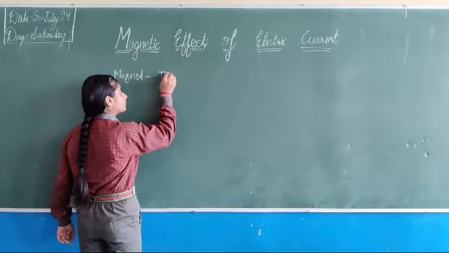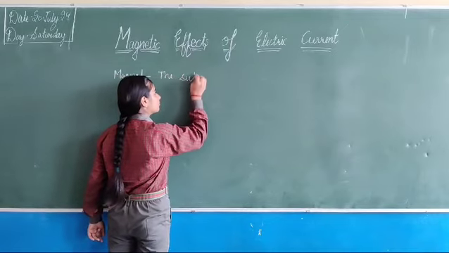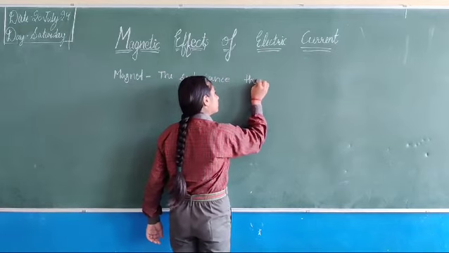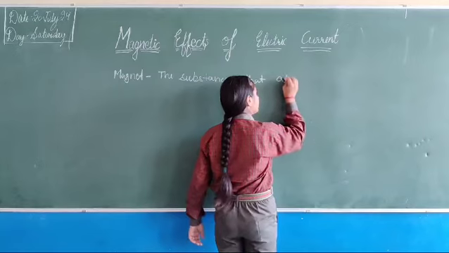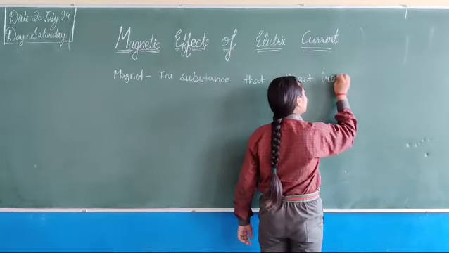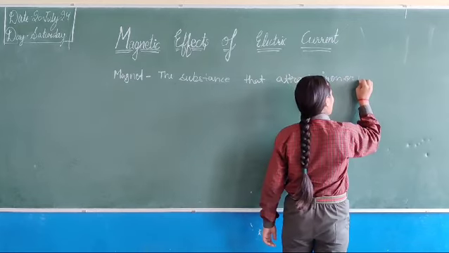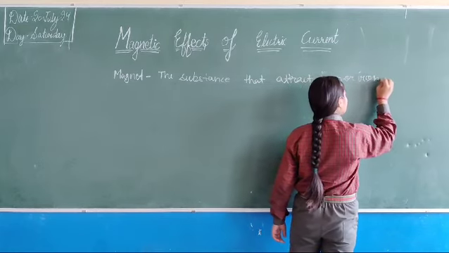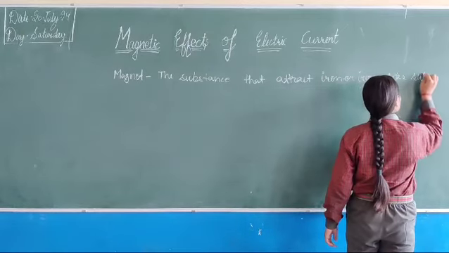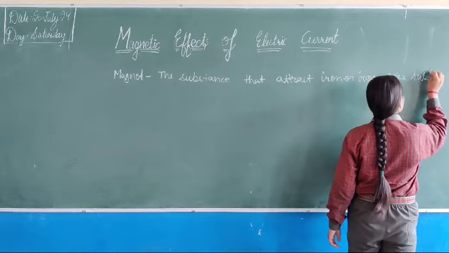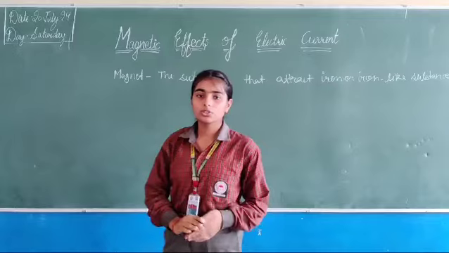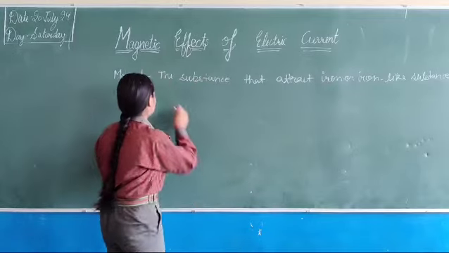The substance that attracts iron or iron-like substance is known as a magnet.